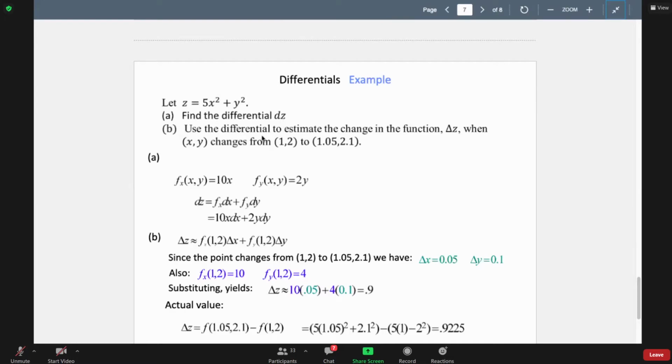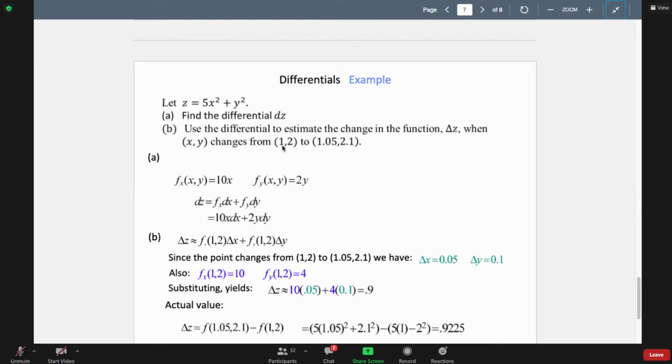And second, use the differential to estimate the change in the function, denoted by delta z, when (x, y) changes from (1, 2) to (1.05, 2.1). So in other words, dx will be 0.05 and dy will be 0.1. It's increasing, yes.